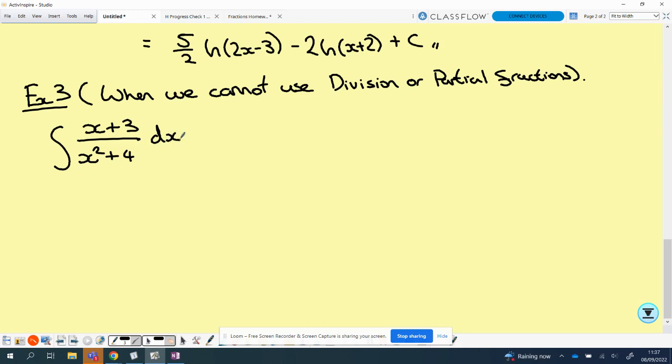So here, again, we can't use division, power on the top less than the power on the bottom. We can't factorise x squared plus 4, so we can't do partial fractions here. Therefore, we're just going to have to split the fraction up.